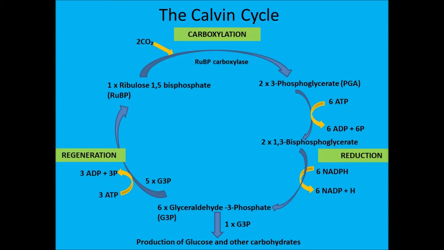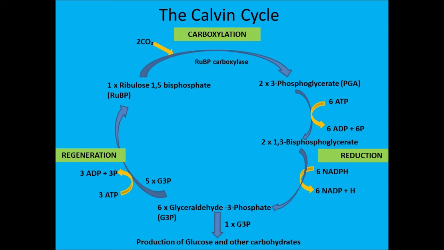This molecule is in turn converted into the glyceraldehyde 3-phosphate molecule by reduction with NADPH to form NADP and the molecule itself. 6 NADPH molecules are used in this process to produce 6 NADP molecules. The NADP and ADP return to the light reaction as substrates for the production of ATP and NADPH.